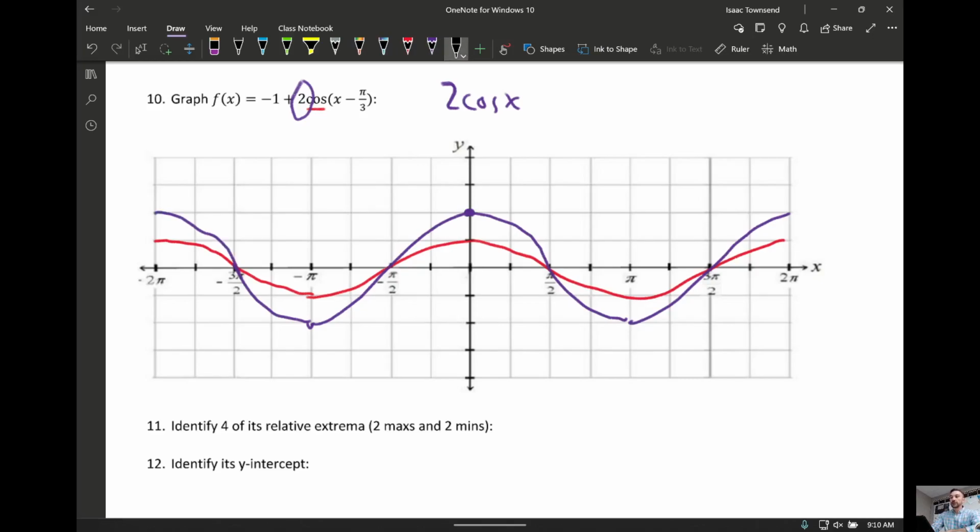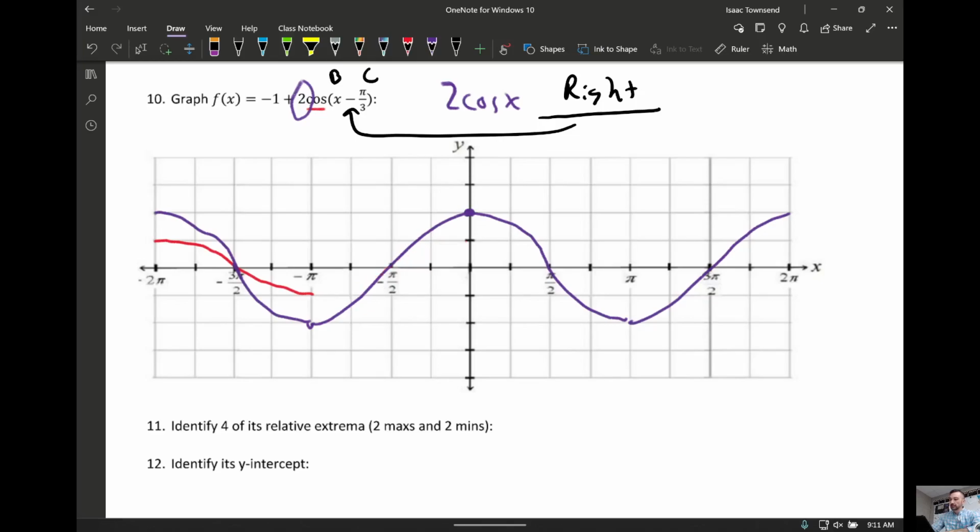At some point you got to think about this. Subtracting from x is going to shift it right some. How much it's going to shift it to the right is c divided by b. Pi over 3 divided by 1 would be pi over 3. And this is a little bit of an unusual amount because it doesn't match up perfectly. But pi over 3, is that more or less than pi over 2?